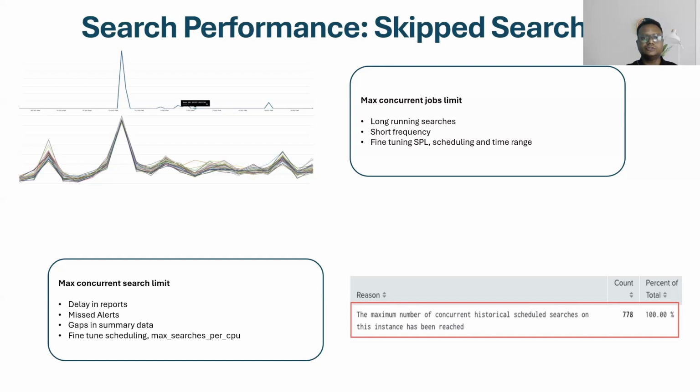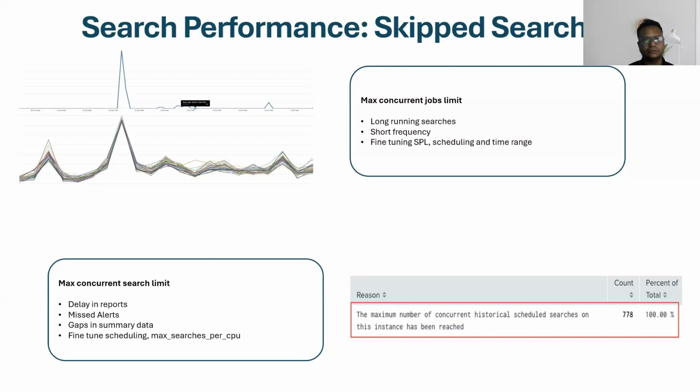It's not that we shouldn't do short frequency. It is just that we need to assess all the scheduled SPLs, understand our use case, and based on that understanding, configure them in a very efficient way.